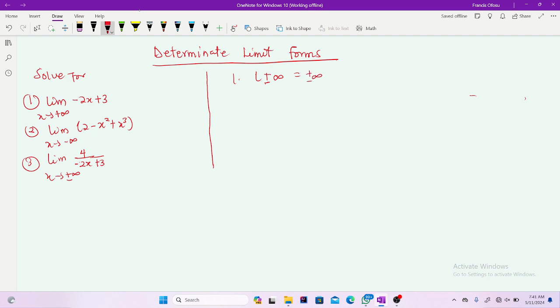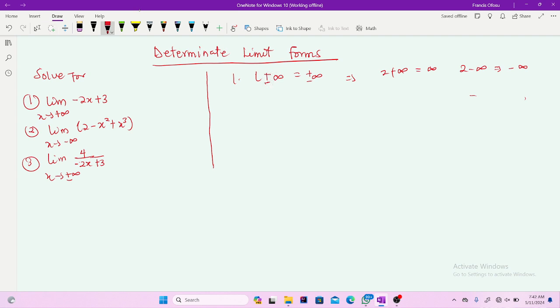What this means is that if you add any finite number to infinity, you end up with infinity. Assuming you have 2 plus infinity, obviously 2 is a finite number, so 2 plus infinity is equal to infinity. For example, 2 minus infinity: you can't subtract an infinite number from 2, so this gives us negative infinity.